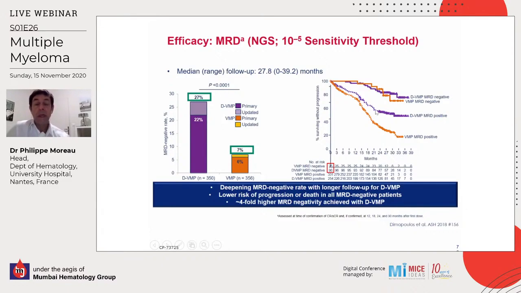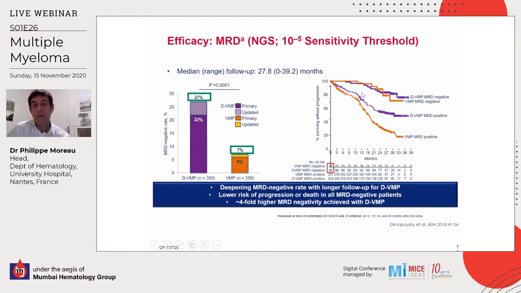And same story, when you're looking at the outcome of patients for PFS with DARA VMP MRD negative or VMP alone and MRD negative, the outcome is really improved as compared with MRD positive patients.